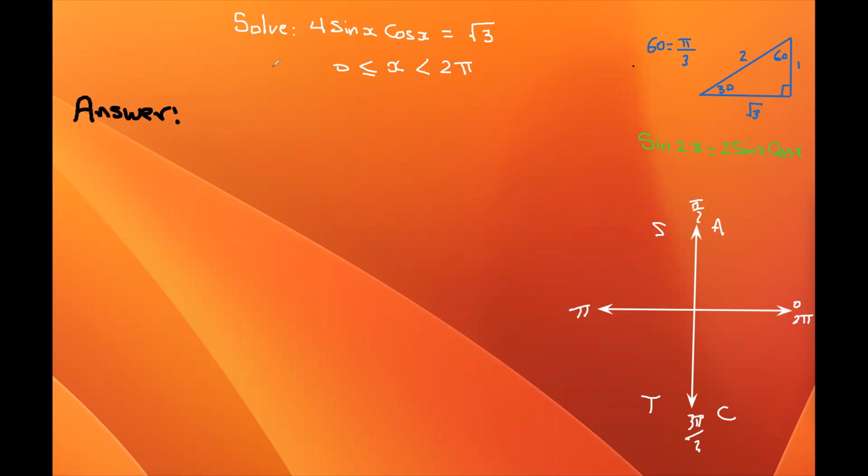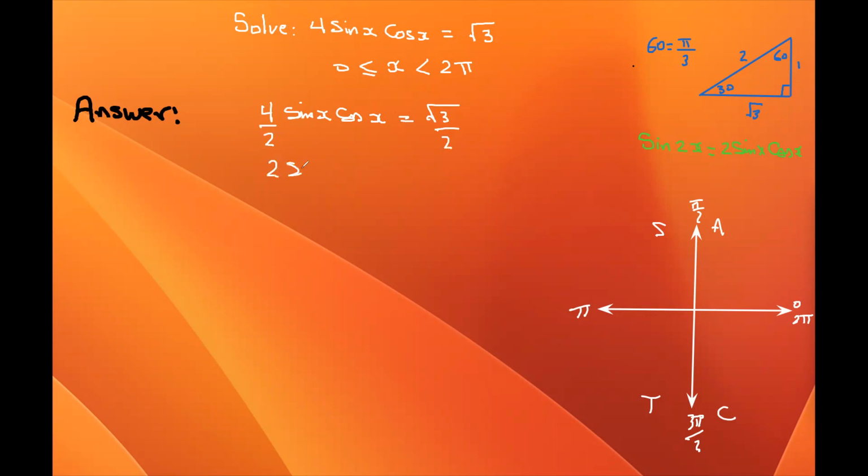Okay. So here the first thing I think I have to do is divide both sides by 2. So I'm gonna take the 4 sine x cos x equals root 3 and divide both sides by 2.